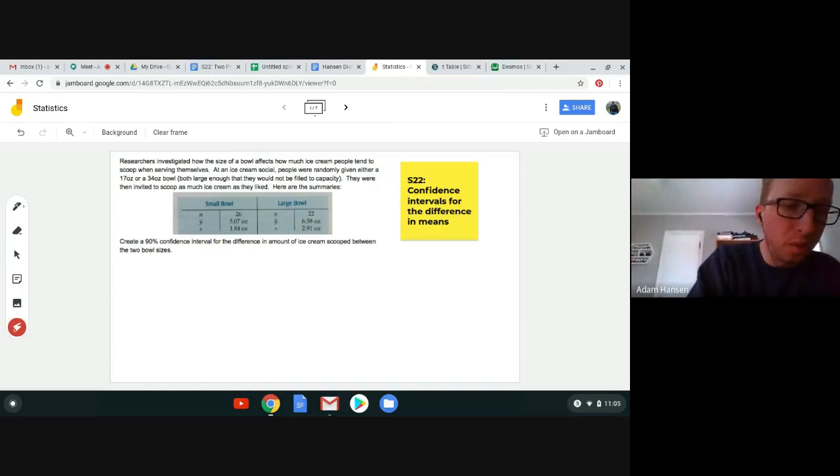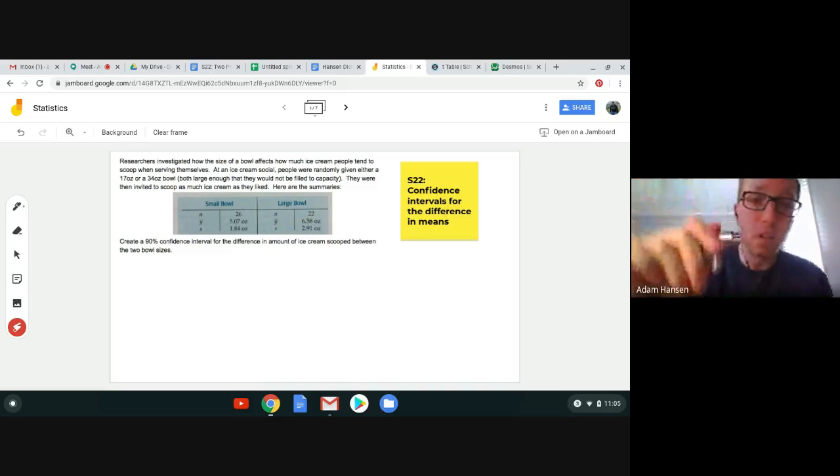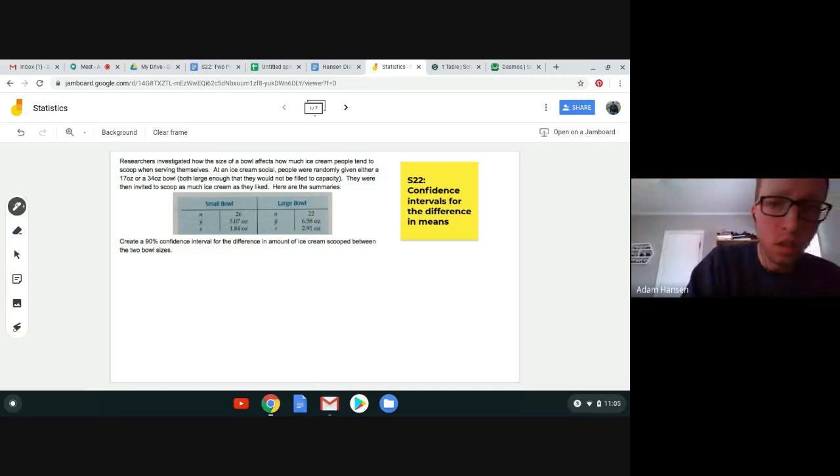They were then invited to scoop as much ice cream as they had liked. Here are the summaries. Looking at this first column, those with the small 17-ounce bowl, 26 people filled an average of 5.07 ounces of ice cream with a standard deviation of 1.84 ounces. Let's call that group 1.